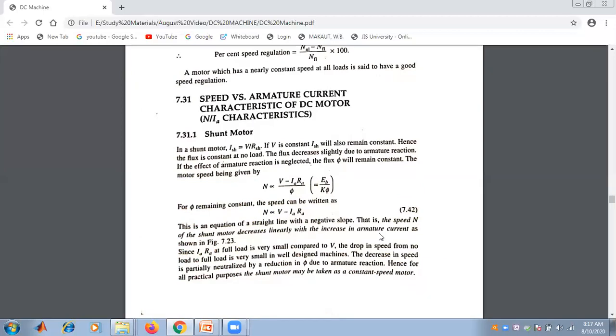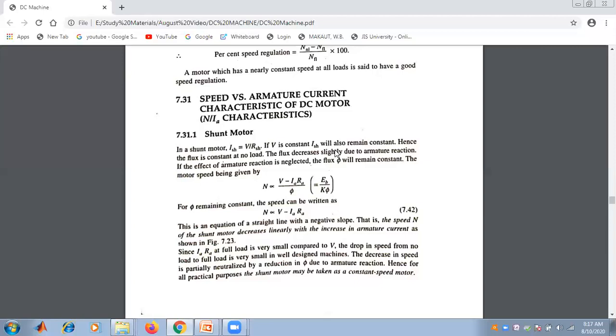Now let us take another discussion in this lecture, the speed versus armature current characteristics of a DC motor, that is N versus Ia characteristics. In case of the DC shunt motor, Ish, that is V by Rsh, as we have already seen, if V is constant, Ish will also remain constant.